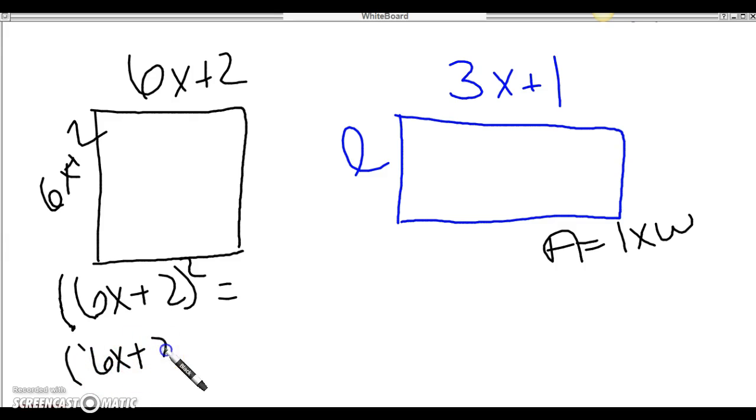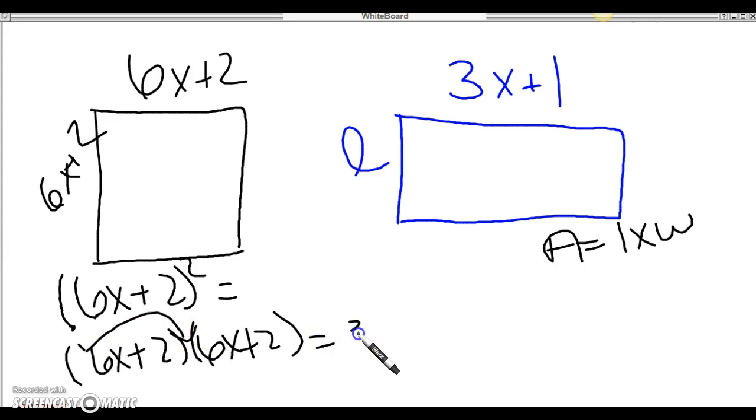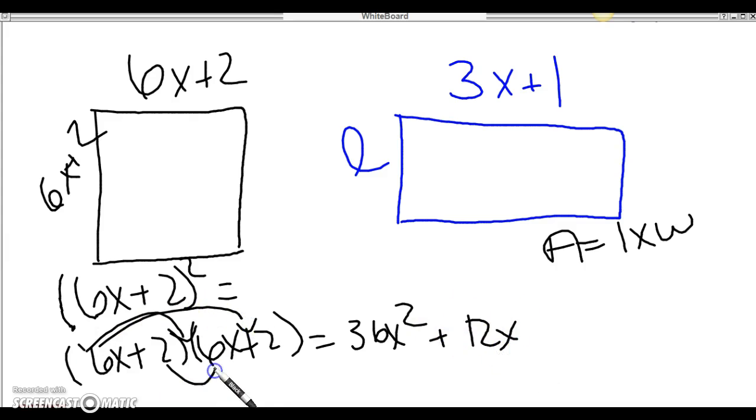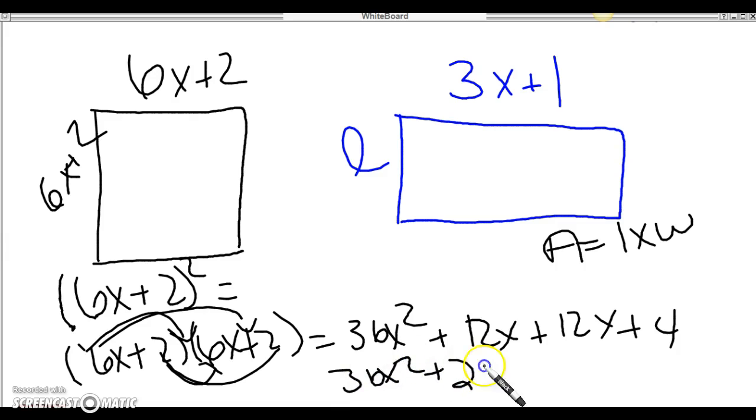I can use the formula or I can multiply it out. Let's multiply it out. So I get 6x times 6x is 36x squared. 6x times 2 is 12x. 2 times 6x is 12x. And 2 times 2 is 4. So I get 36x squared plus 24x plus 4 is my area.